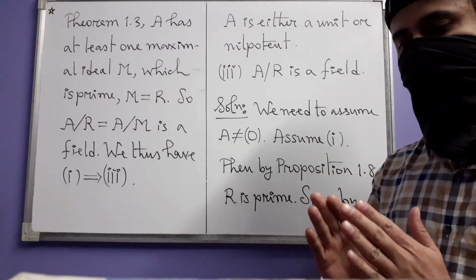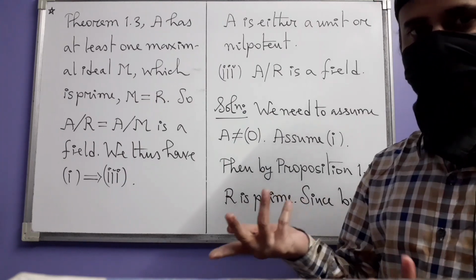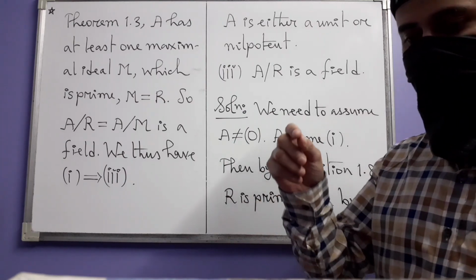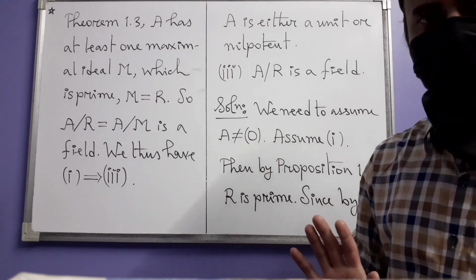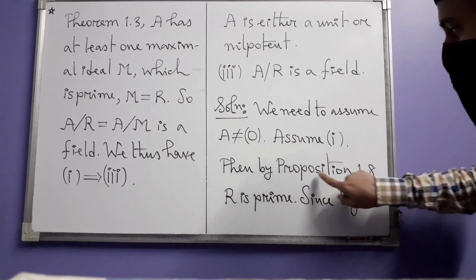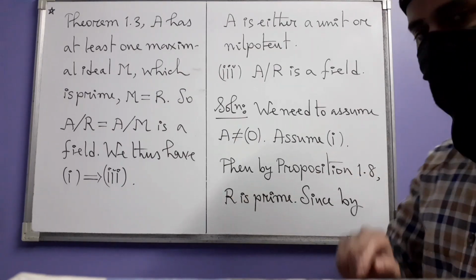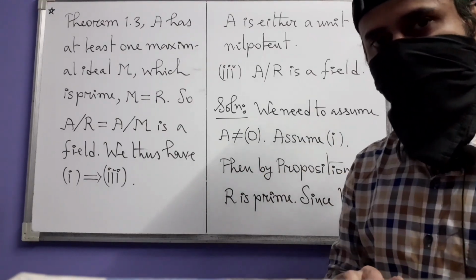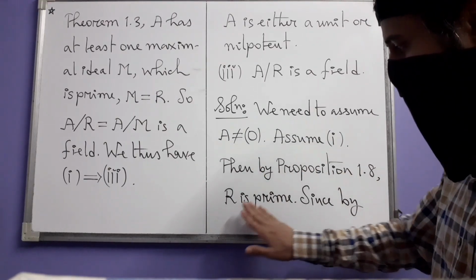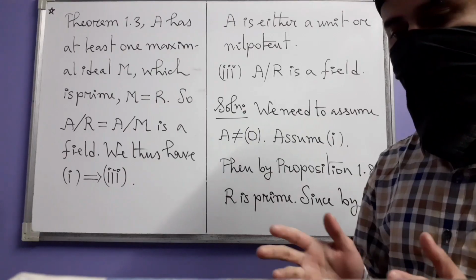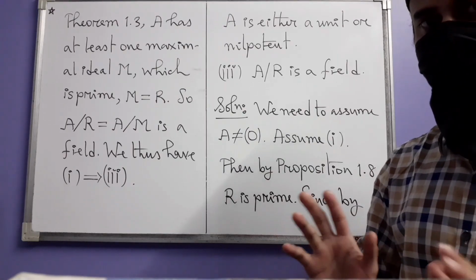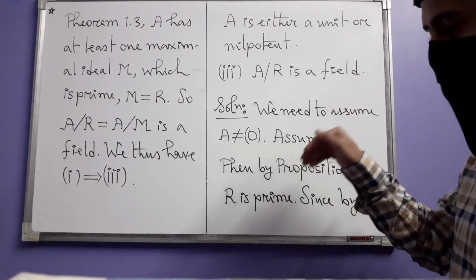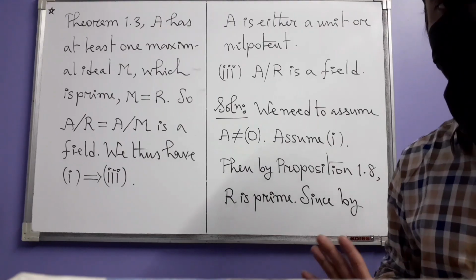So if we take the intersection, there is just one, so the intersection will be that ideal itself, which by proposition 1.8 has to be equal to R. That means R is equal to that unique prime ideal, which makes R itself a prime ideal. In general, in a ring, the nil radical need not be a prime ideal, but in this specific case, it is.